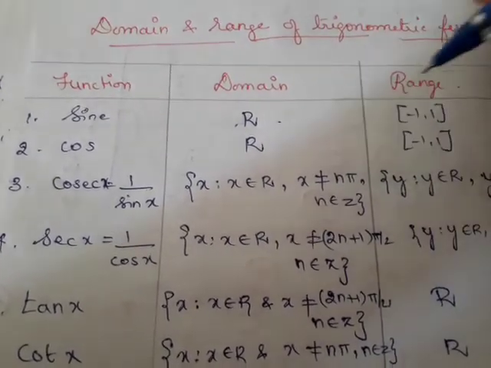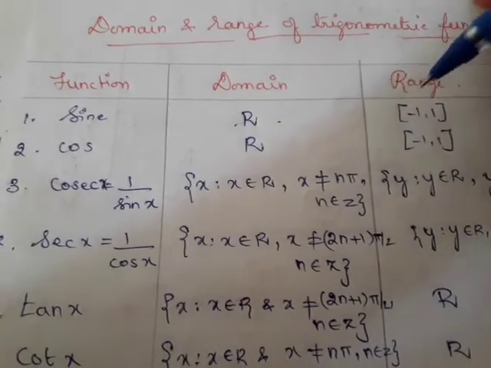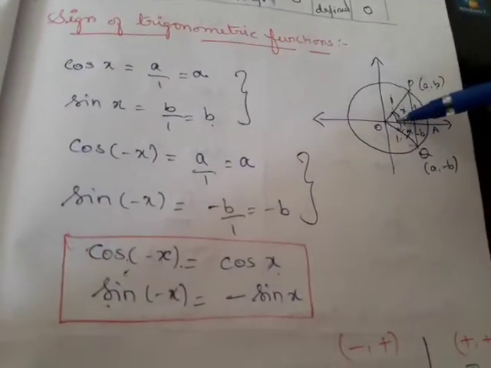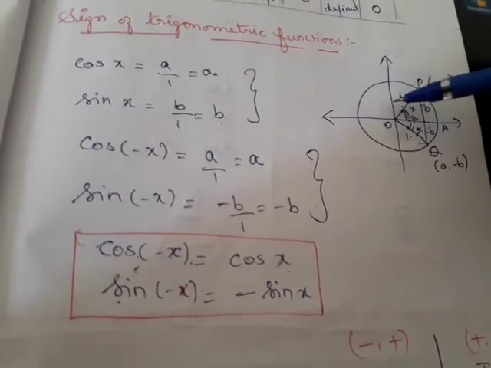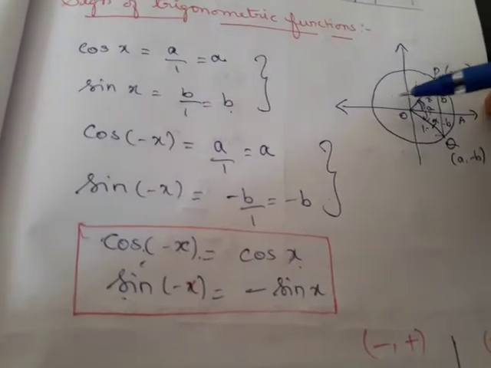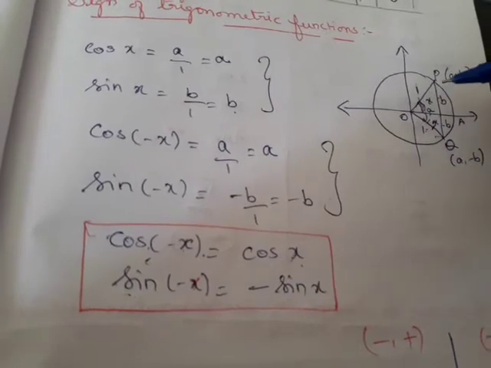But the values of sin x we got. See, this angle x can be any radian, which can be any one value among the real number system, because the entire circle is going to be 360 degrees.